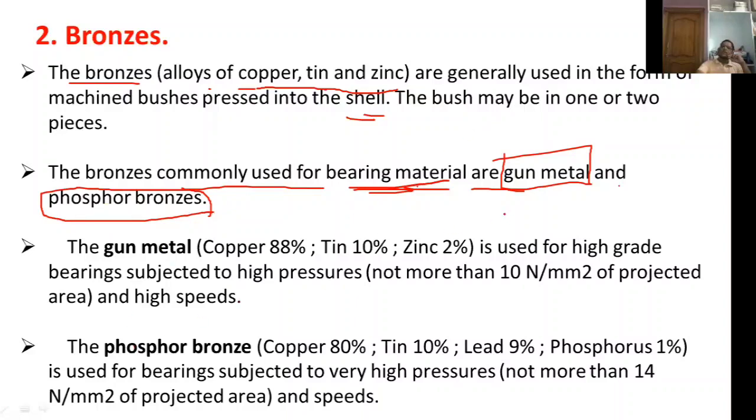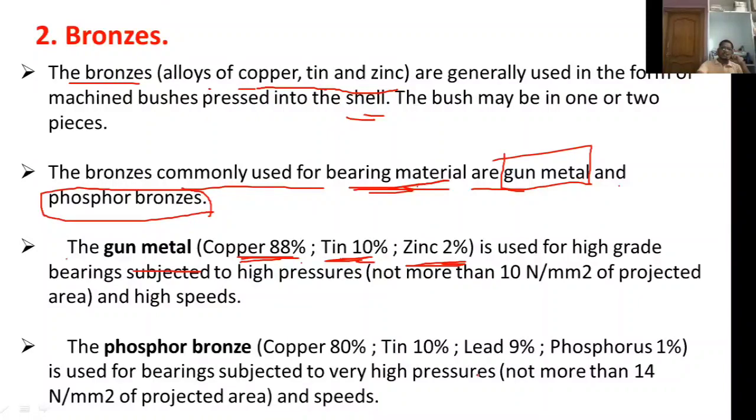Now, gunmetal has a composition of 88% copper, 10% tin and 2% zinc. It is used for high grade bearings. These gunmetal bearings are used for supporting high pressures.